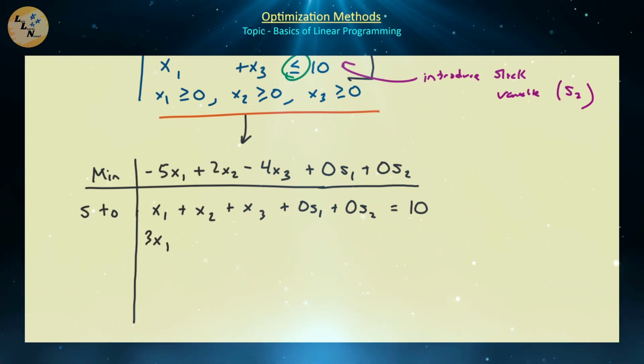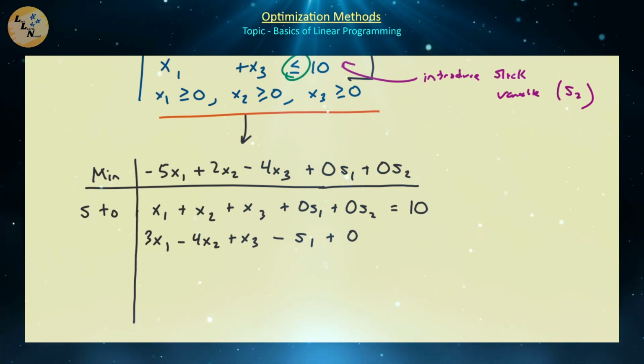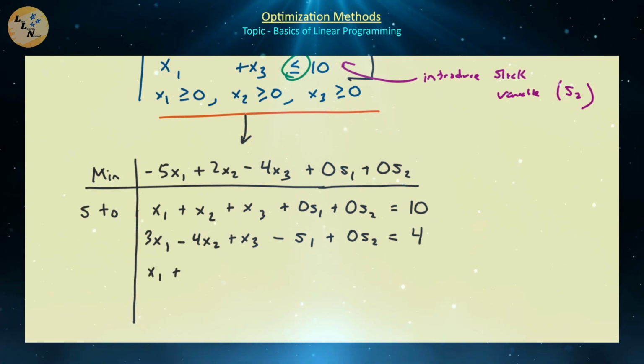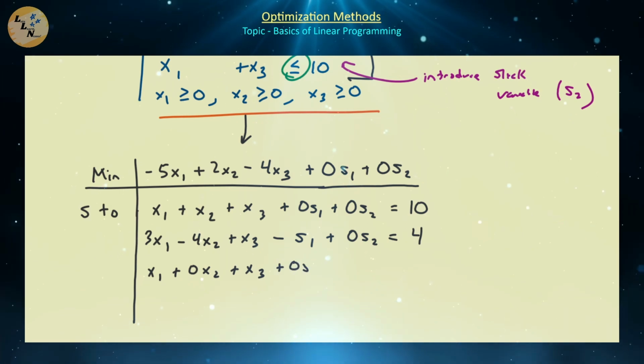And then we have our 3x1 minus 4x2 plus x3 minus 1s1. That didn't get the s2, but I'm just going to put it here to make things a little bit clearer. And now that's equal to 4, right? So that was our surplus variable introduction. And then we're going to have x1 plus 0x2 plus x3. We didn't have s1, our first surplus variable, in there.